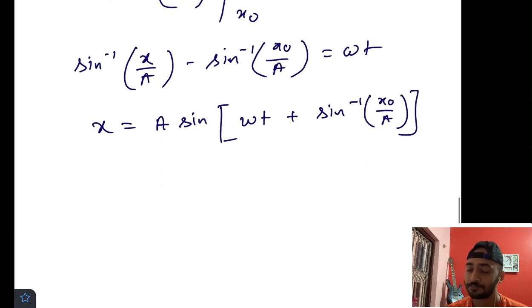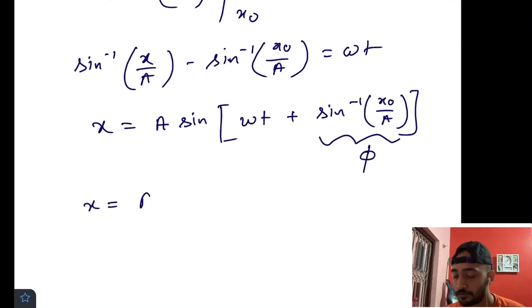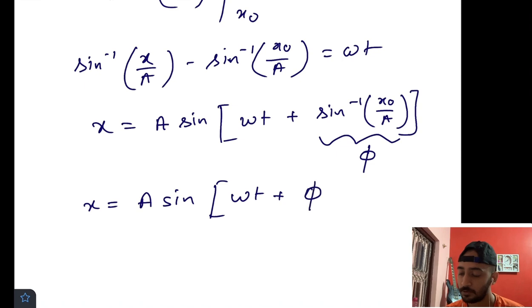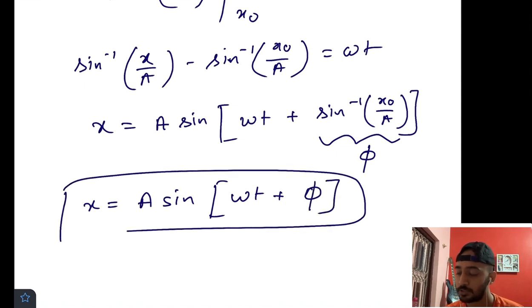Okay, now a few people try to rename this thing as the phase constant or phi. So our final general solution for simple harmonic motion of a particle would look something like this. So this is our general solution.